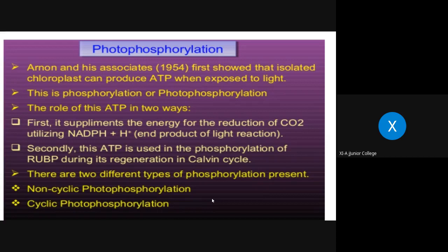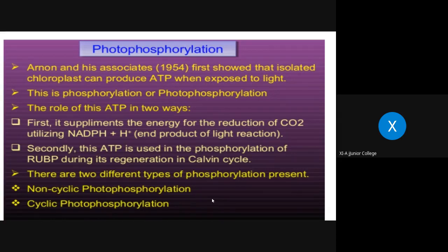First it supplements the energy for the production of CO2 utilizing NADPH plus H, the end product of the light reaction, which you will not understand right now. Just remember that photophosphorylation is synthesis. So addition of phosphate in the presence of what? Light. That is photophosphorylation. First you remember this. Is it clear up to this?